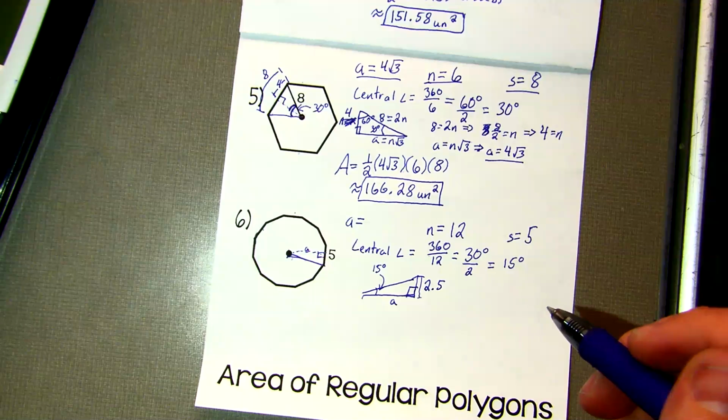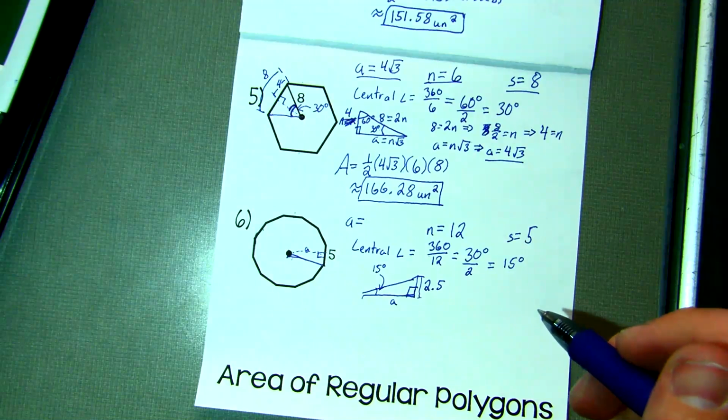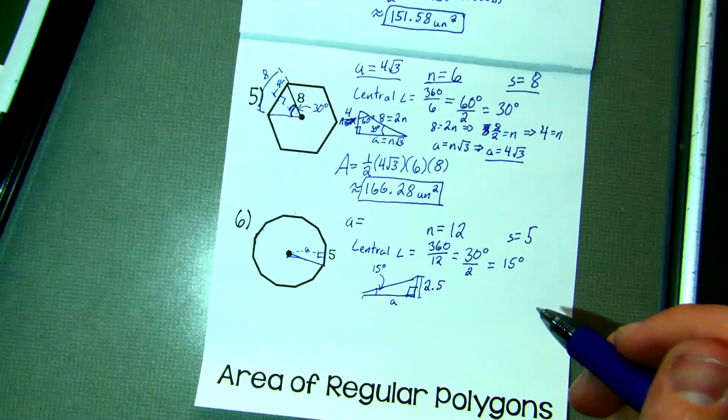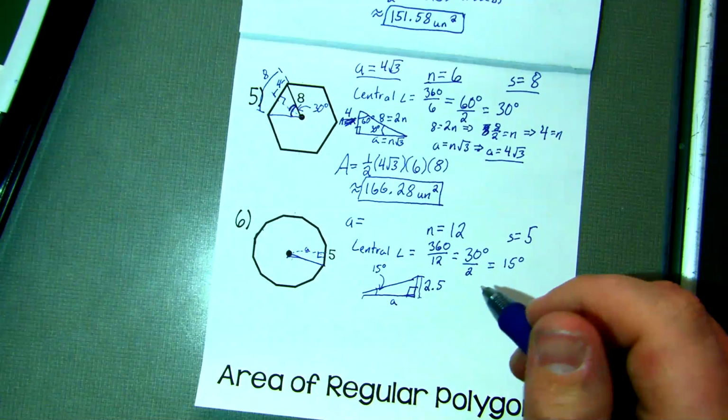Okay. Now we need to solve for our apothem. Any ideas on how we could do that? Okay, so I'm seeing 2.5 over 15.